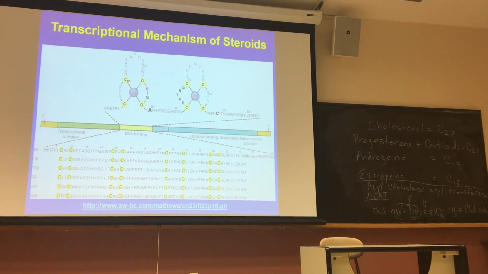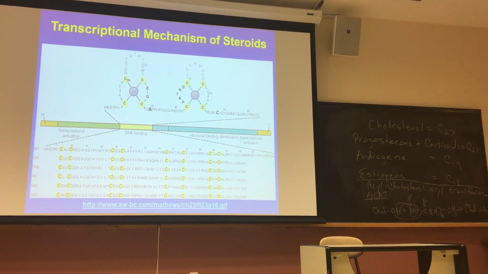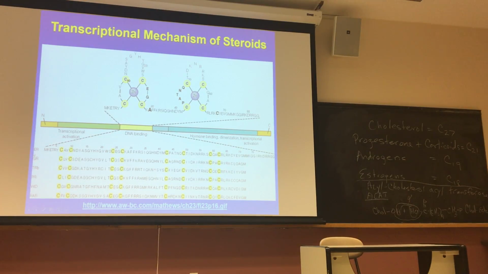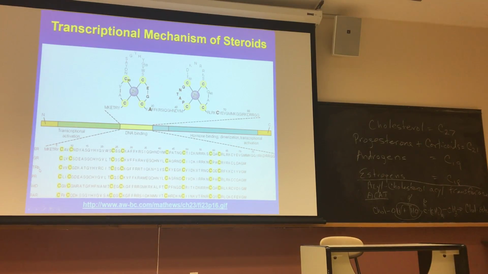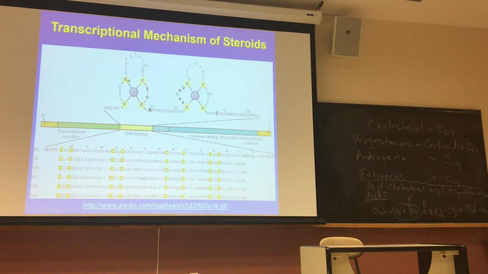Steroid receptors. A partial sequence is shown for estrogen, glucocorticoid, thyroid beta receptor, progesterone, vitamin D receptor, and retinoic acid receptor. All of those receptors belong to one large molecular family.